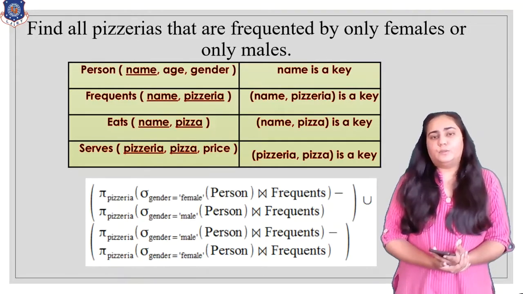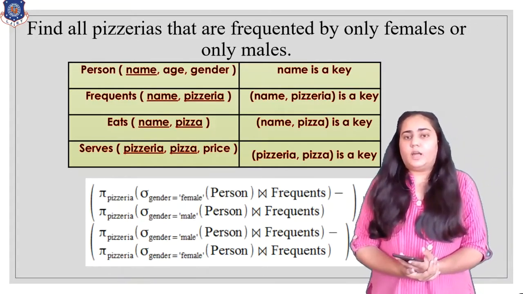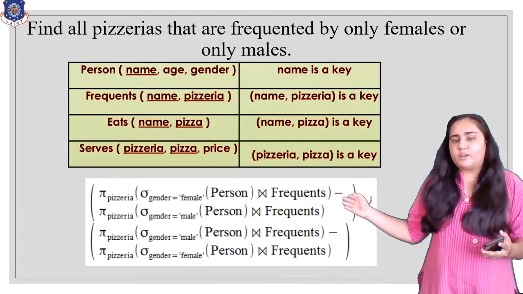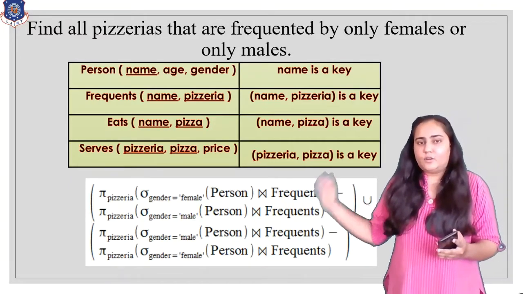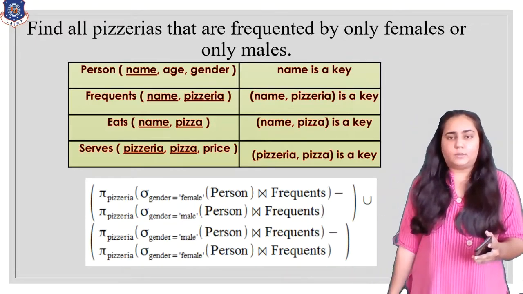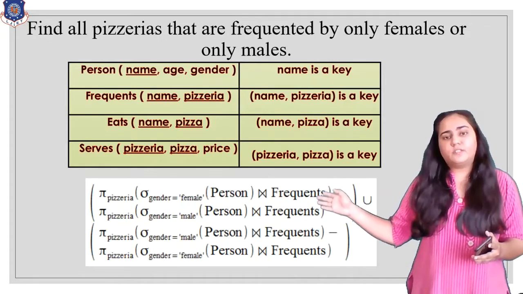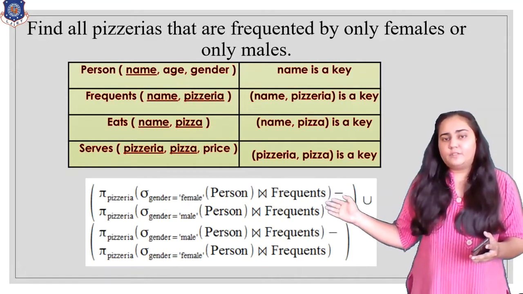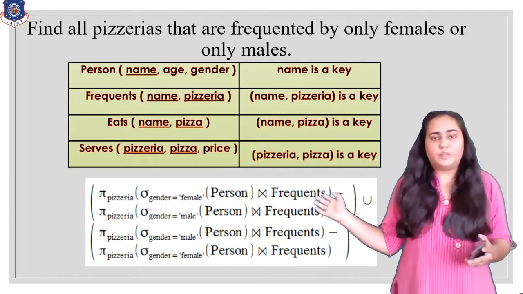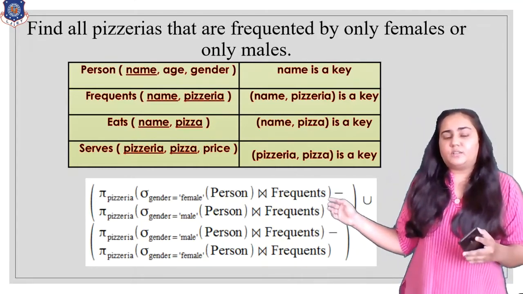If I want to do that, then I need to write the query in this manner. Let's understand all four queries one by one, and then we can see all the operations that are being done. So in the first query, we have, first of all, removed from person all the females. So we are doing sigma gender equal to female.